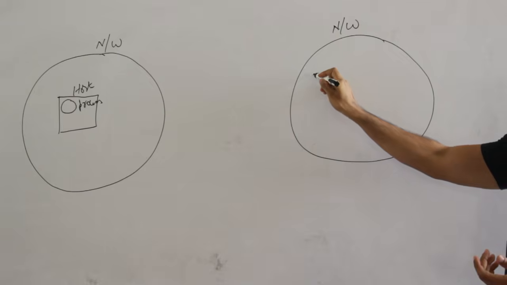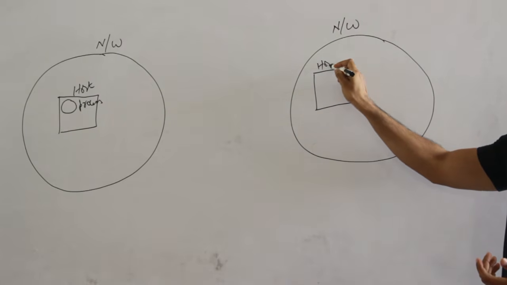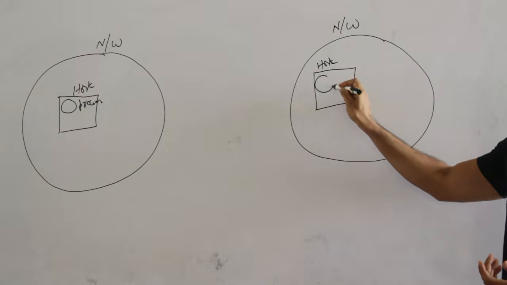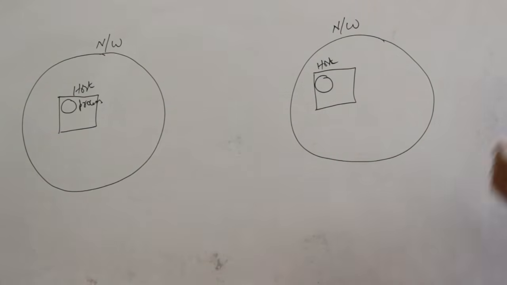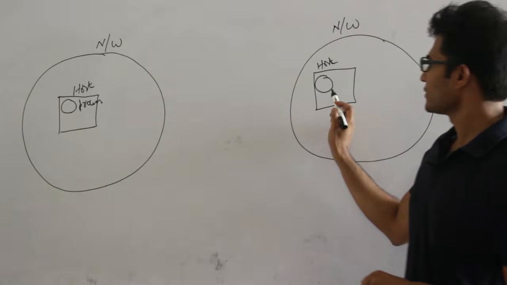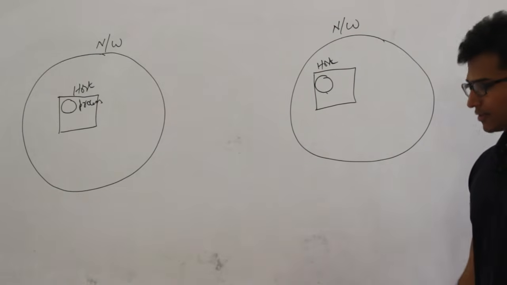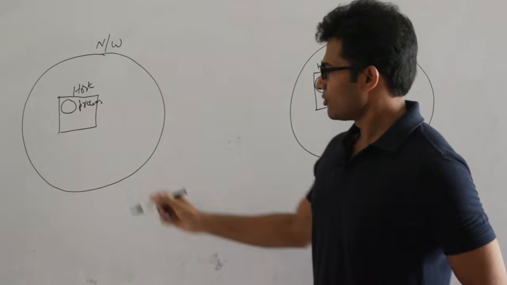And now inside that network, one of the servers is the Google server, this is the host, and one of the processes is the server which you want to connect to, which means from your process at home you want to connect to the process of Google in order to get the web page, right?